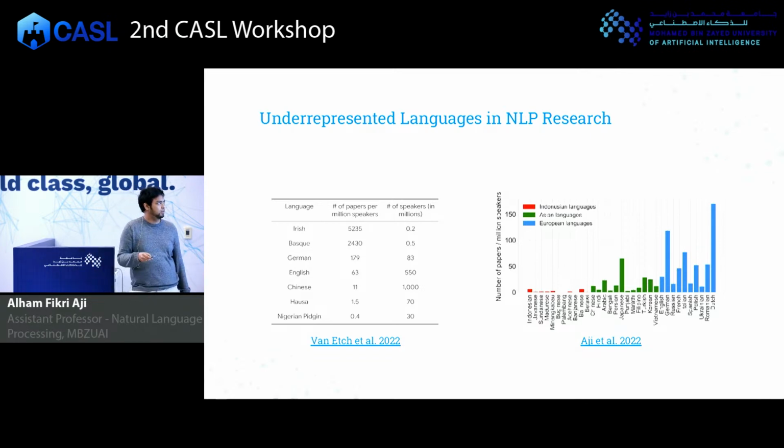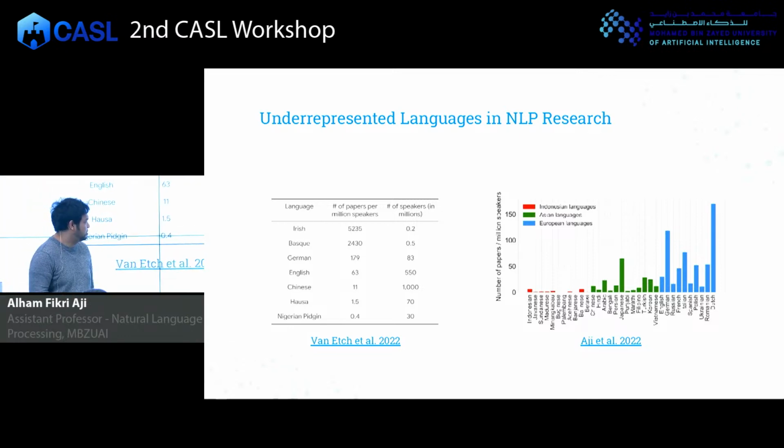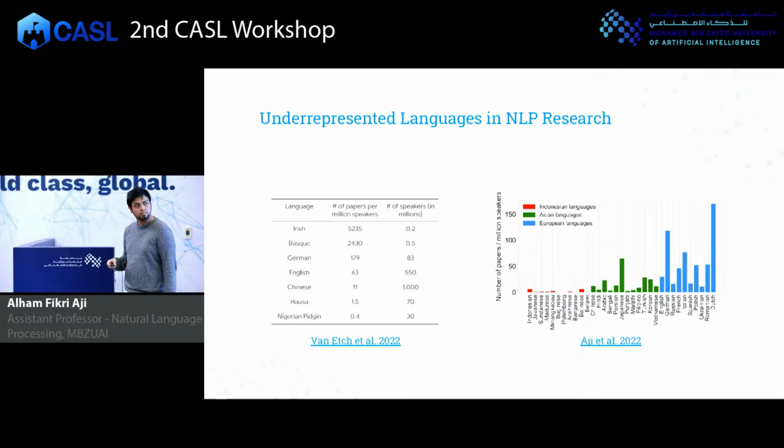On the left side, for example, we can see that we have a lot of research divided by the number of speakers, for example in English or Chinese. But if you compare it to an African language like Hausa, the number is less, right? The right one here is quite similar, but it's for Indonesian languages. The red one is the Indonesian languages. The blue one is the European ones. It's also telling the same story.